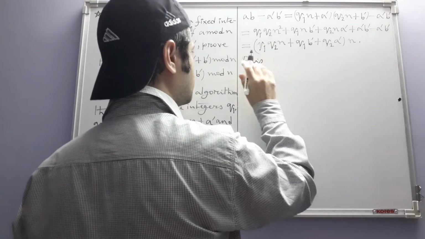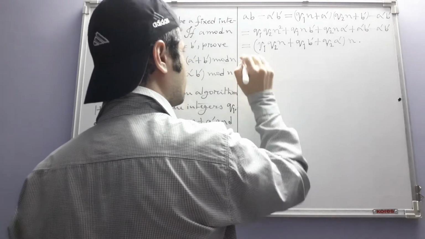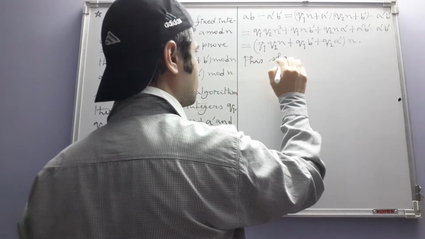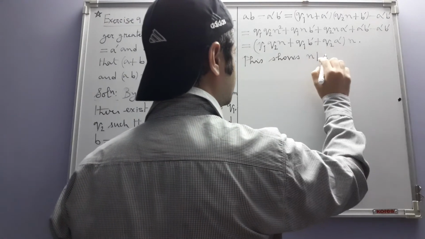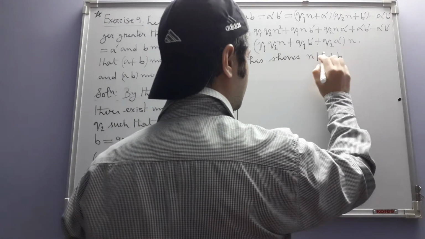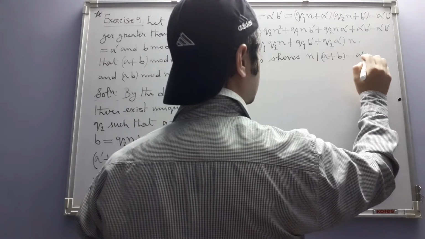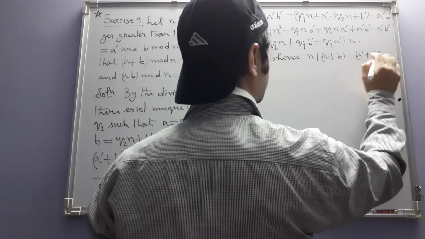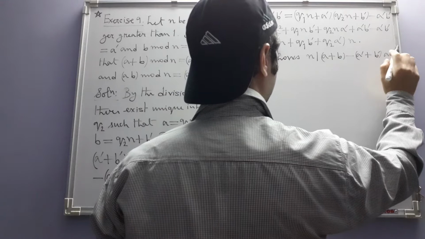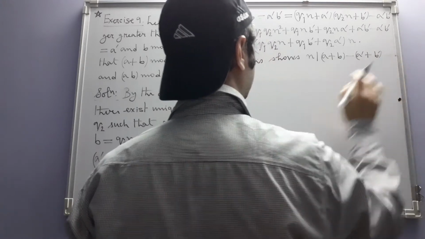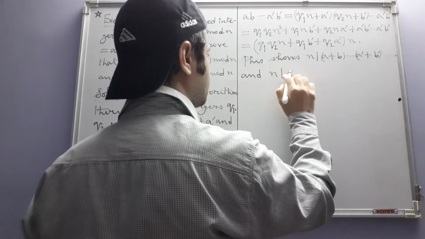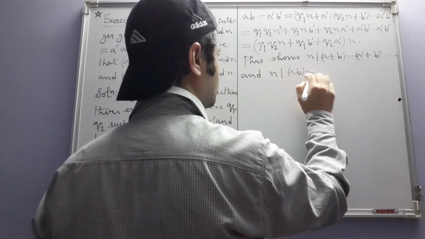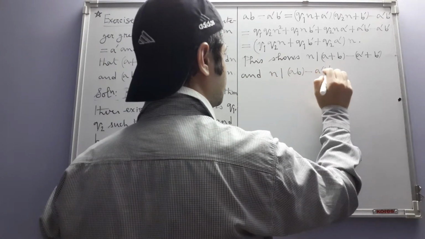This shows n divides a plus b minus a prime plus b prime, and n also divides ab minus a prime b prime.